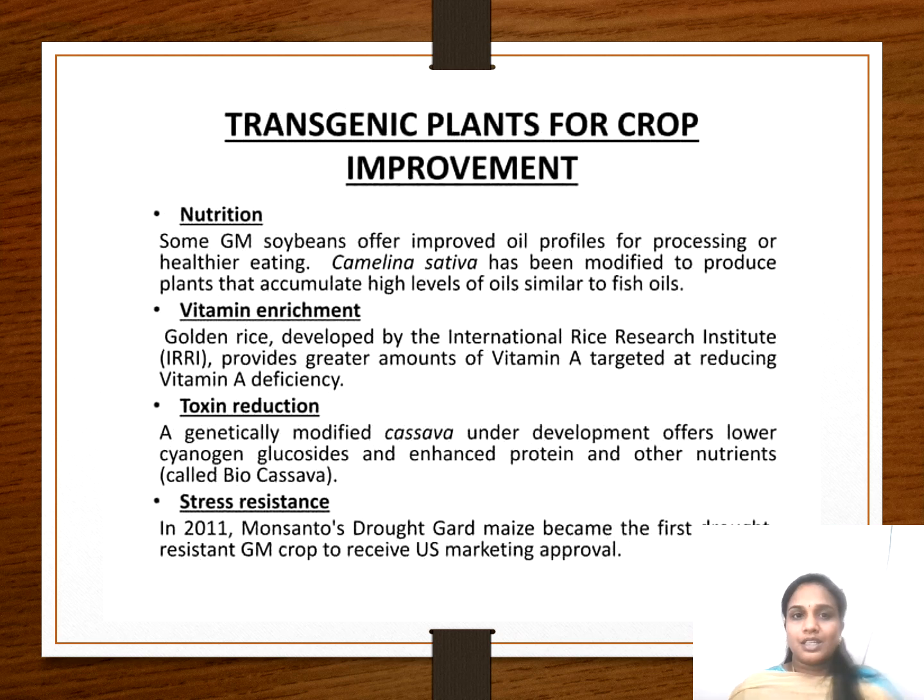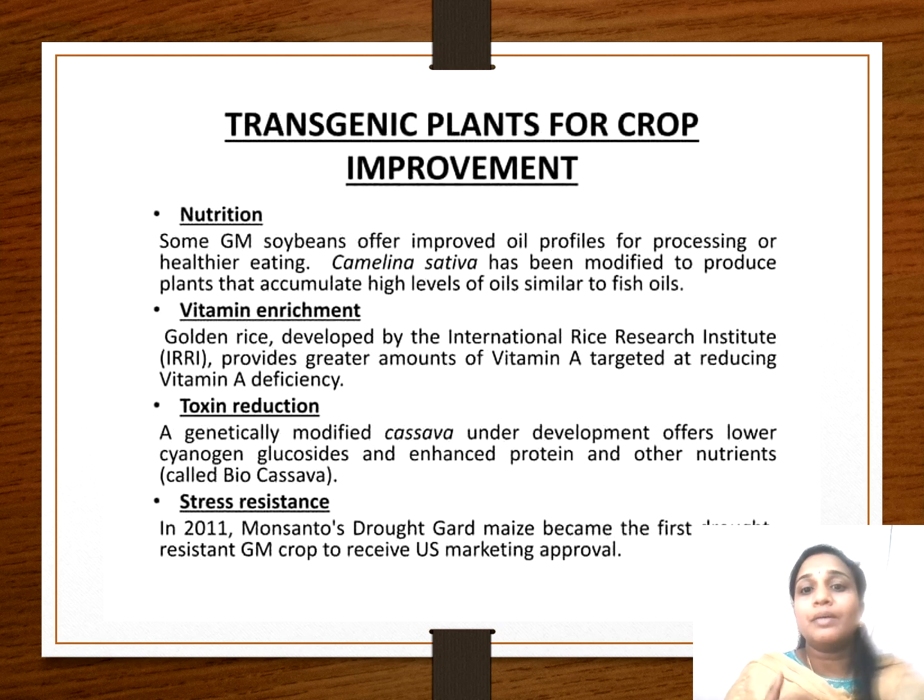Crop improvement, in the sense, first and foremost property is the nutritional value. Some genetically modified soybean offer improved oil profiles for processing or healthier eating. Camelina sativa has been modified to produce plants that accumulate high levels of oil, which are similar to that of fish oils. Next one is vitamin enrichment.